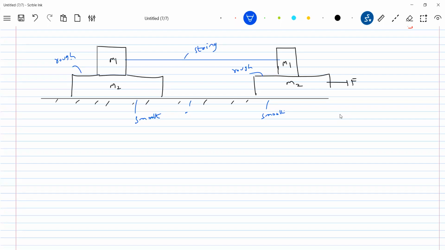Here, find the maximum value of F for which no slipping occurs between the blocks. Some connected systems.